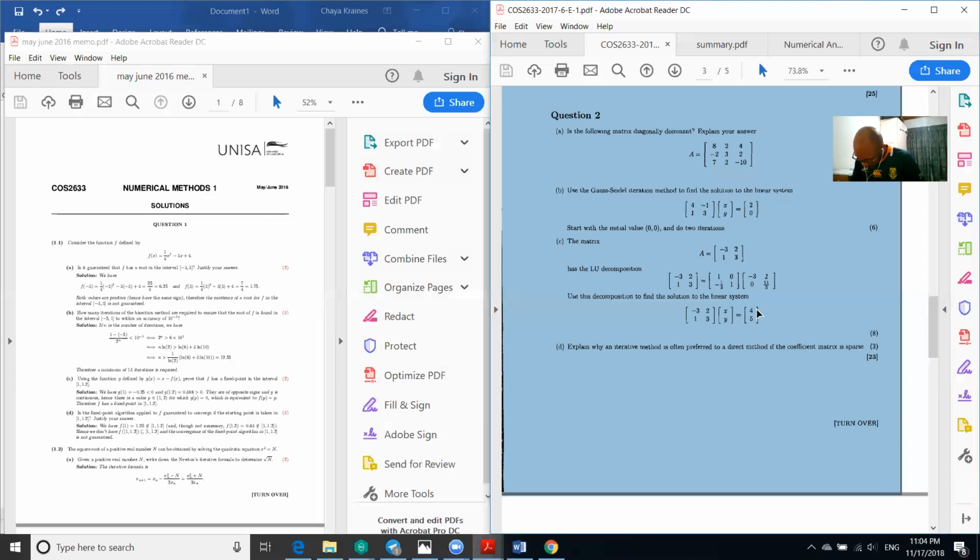Are you allowed to solve the bottom first? Well, in this case, let's see, x2 is equal to 19 over 3 divided by 11 over 3.